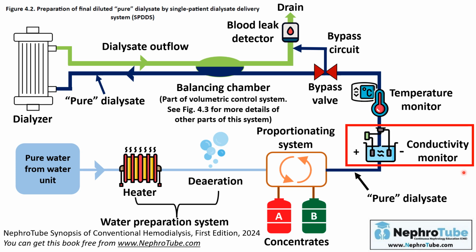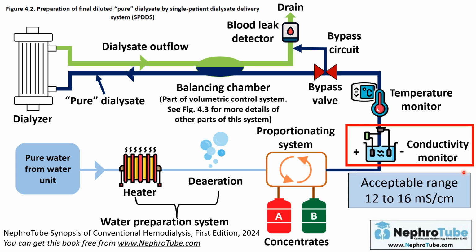So with high sodium, the conductivity will be high because of high conduction and flow of electricity, and if the sodium is low, the conductivity will be low. The accepted range of conductivity is 12 to 16 millisiemens per centimeter. This is the normal accepted range of dialysate.